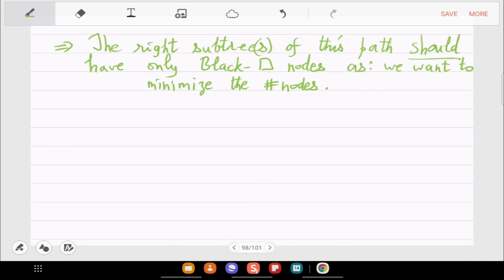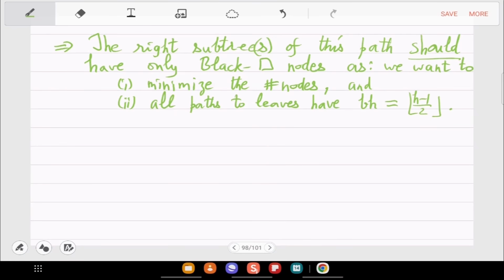Okay, so since we want to minimize the number of nodes, actually I think there is one more reason. Let me write that also. We want to minimize the number of nodes, and second point is that all paths to leaves have a black height equal to H minus 1 by 2.